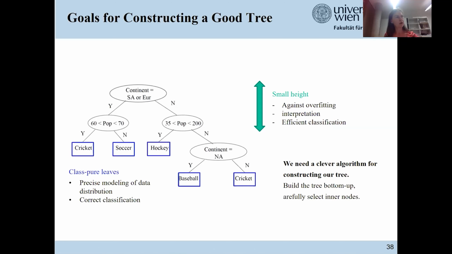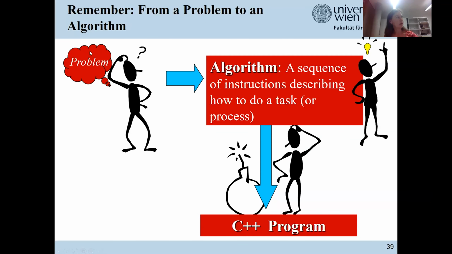What to do about these two goals, which are essentially conflicting? So actually, we really need a clever algorithm for constructing our tree. And current algorithms for constructing decision trees build the tree in a bottom-up fashion and use carefully selected tests for the inner nodes. And there we are back in our design process, from a problem to an algorithm.